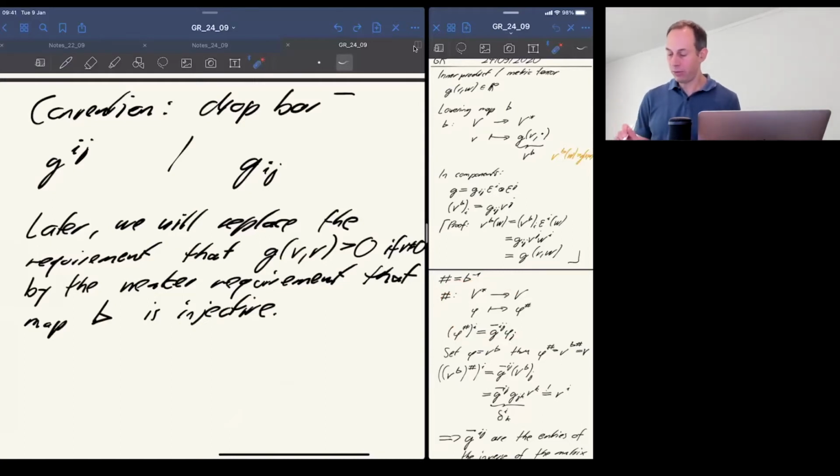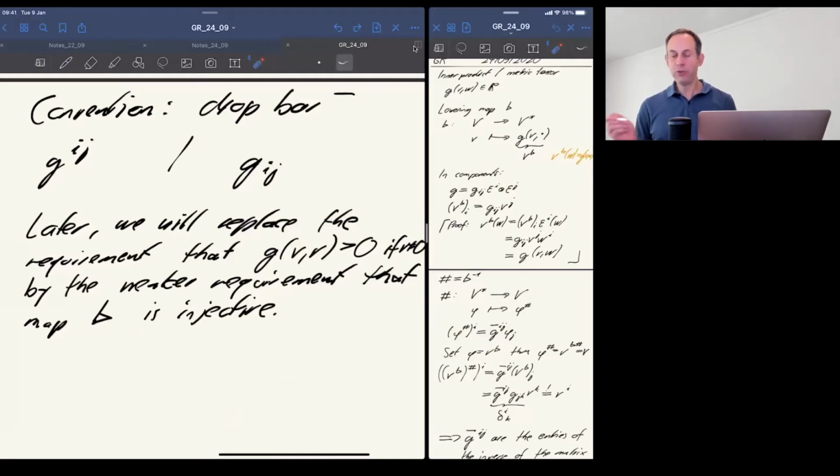However, it turns out to be too strong a requirement for general relativity, for the purpose we will use this metric for, to require that it's always positive. But it will be sufficient to do whatever we did here, namely to define these maps, and in particular to define the inverse map, if this map is invertible. So we just put this as a requirement instead of the positivity.